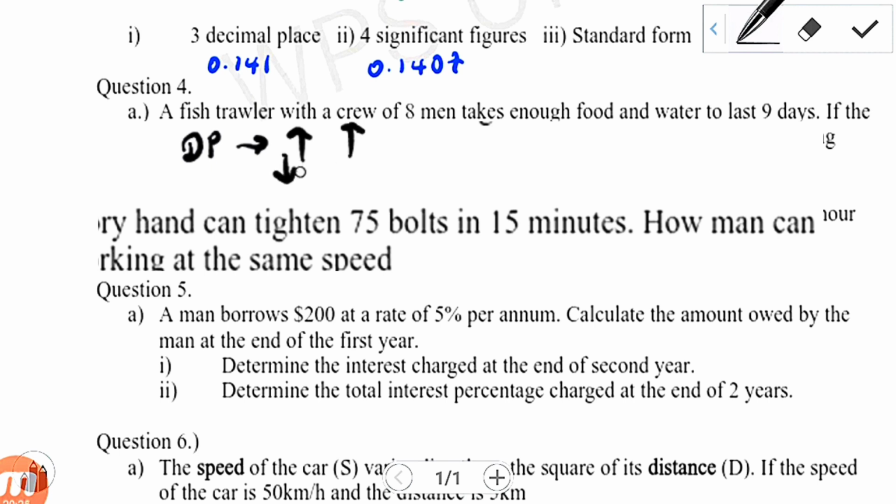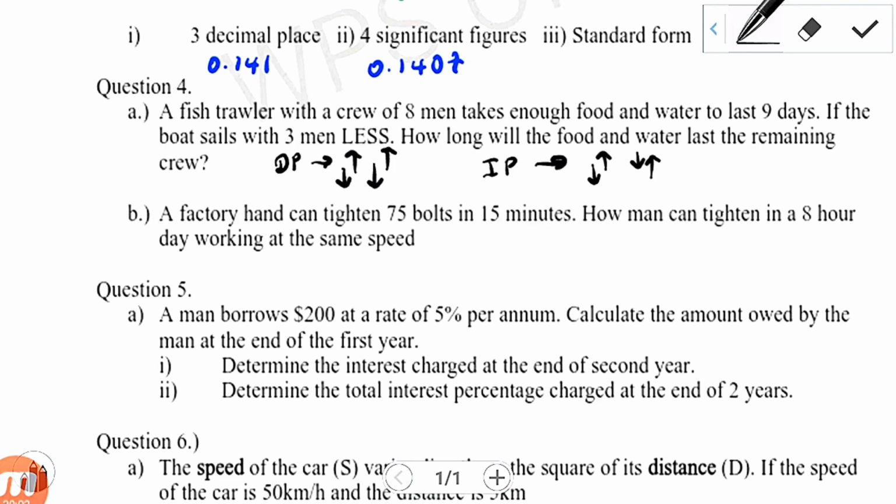Similarly, if one decreases in value, then the other one also decreases in value. Now for indirect, or sometimes referred to as inverse proportion, so indirect proportion, that's IP, you're going to find that if one quantity goes up, then the other one will go in the other direction, or if one quantity goes down, then the other quantity goes up.